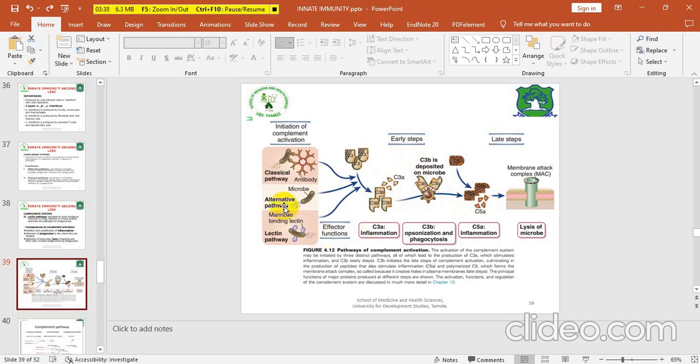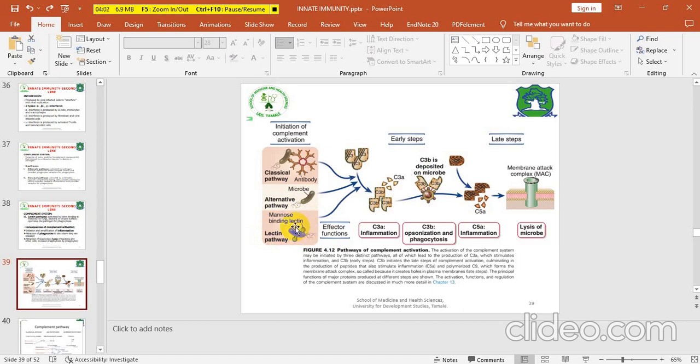Then we have the lectin pathway, where the complement proteins recognize the microorganism through the mannose binding lectin. Lectin is located on the organism; the blue structures are what we call lectin.